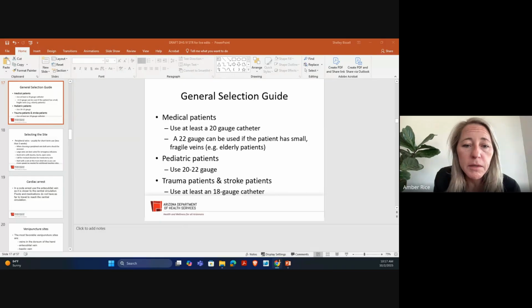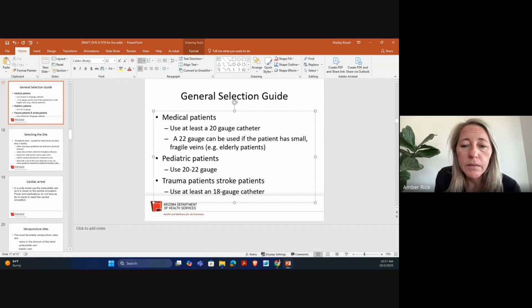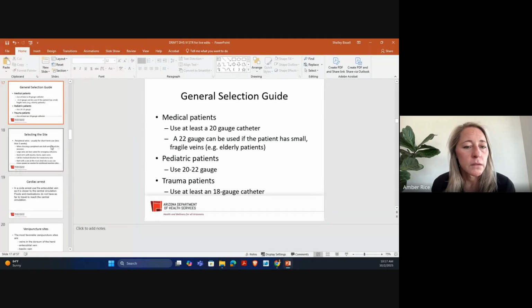Maybe we just say trauma then. Edit out stroke. Yeah. I was trying to capture the ones where we specifically, by protocol, are asking them to put a large one in, but maybe we'll just say trauma for now. Okay.